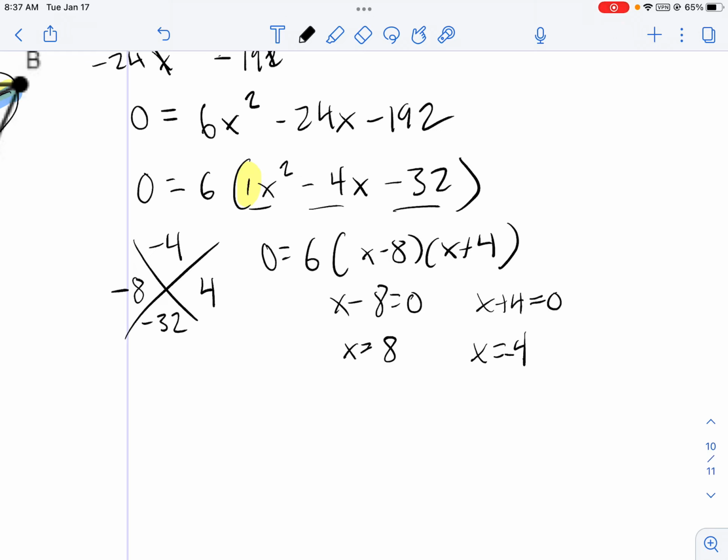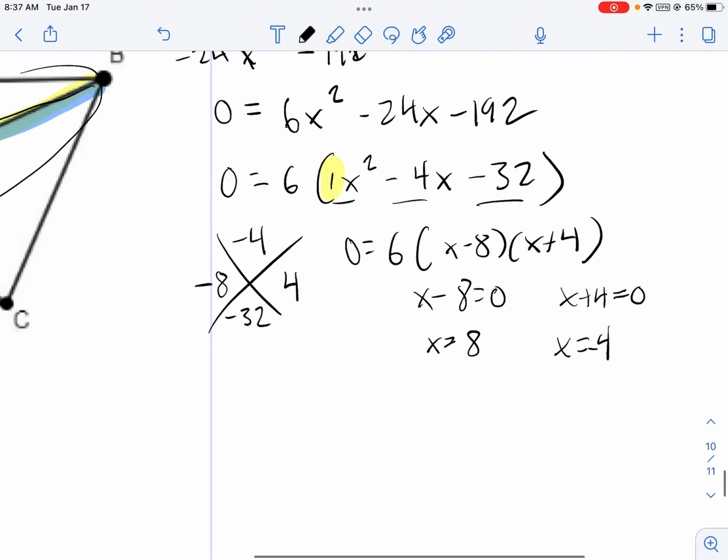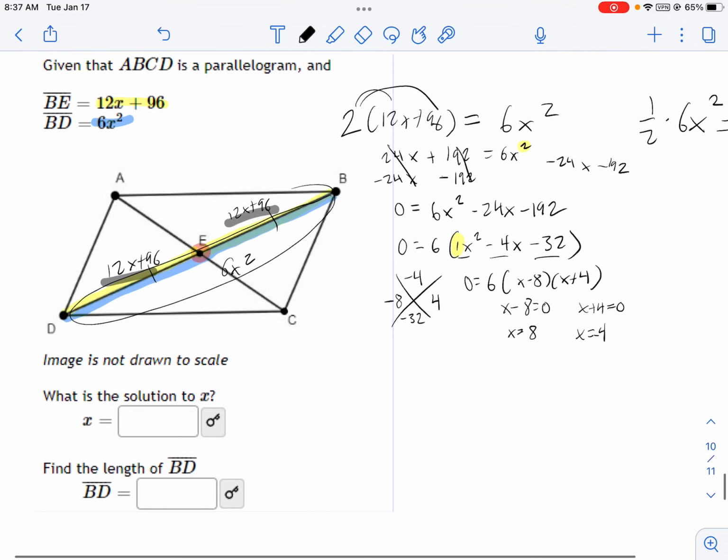You wouldn't have to worry about the 6; that doesn't make a solution because there's no x attached to it. So you have two solutions: 8 and negative 4. Then all you have to do is double check by plugging them in. Maybe one of them fails, maybe neither does. If they both fail, then you wouldn't have a solution.